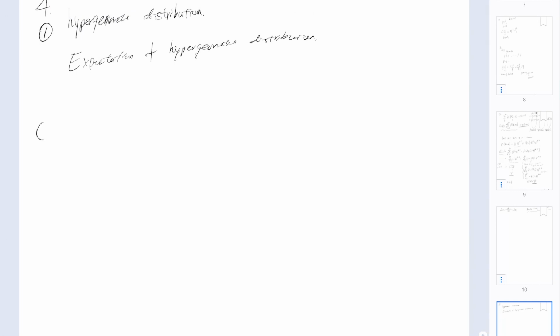So that's approach 1, and approach 2 is to split up the random variable. So let's say y is defined to be the number of queens in your hand, and let y1 be a random variable that is an indicator.